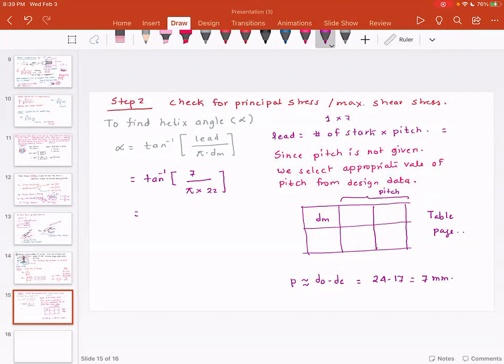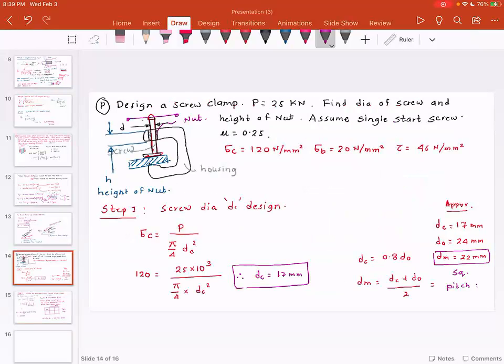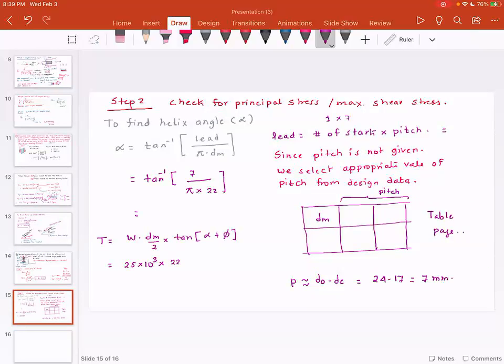Now the next step is, I need to find out the value of torque. Torque is equal to W dm by 2, because that is Rm, multiplied by tan of alpha plus phi. W is equal to 25 kilonewton. Dm, we already know, 22 millimeters divided by 2 tan of alpha and phi.